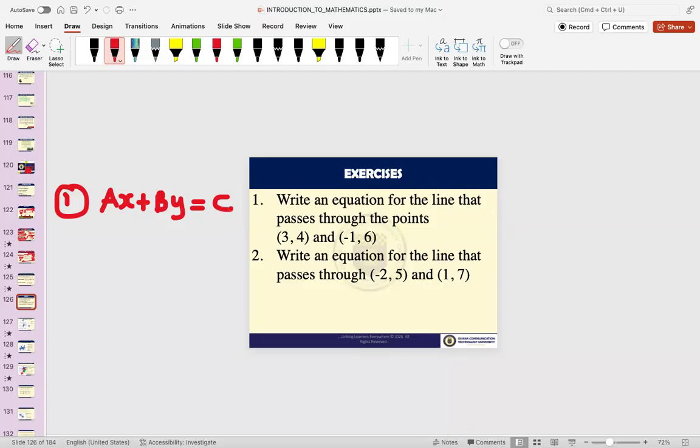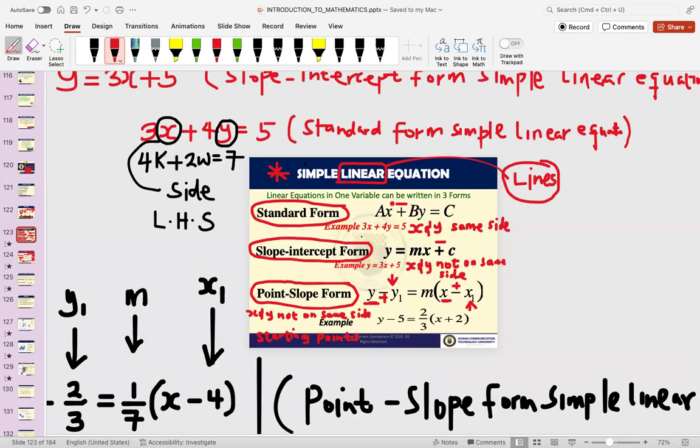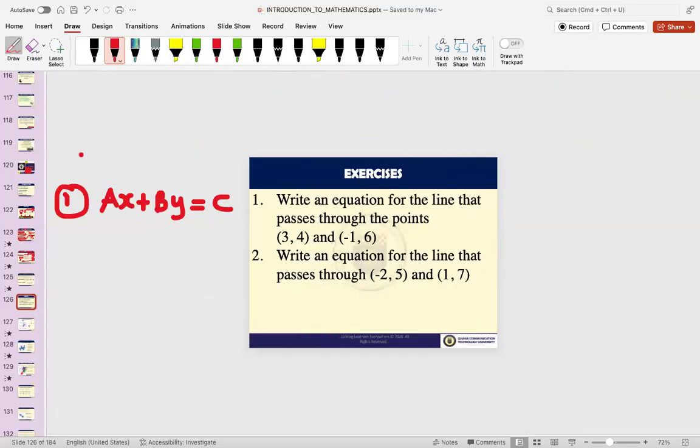Those of you who have forgotten, I'm talking about the standard form, this one. Ax plus by is equal to c. The standard form.